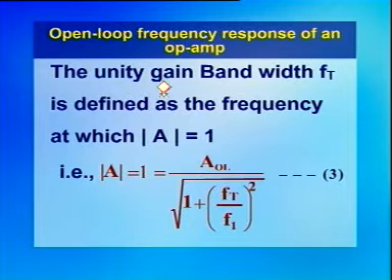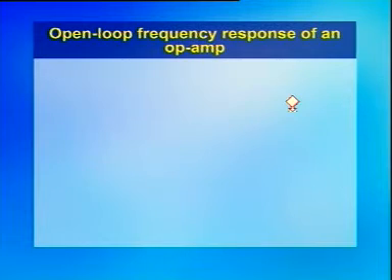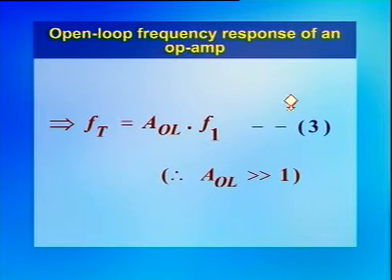The unity gain bandwidth ft is defined as the frequency at which mod A equal to 1. So, substituting mod A equal to 1 for f equal to ft, we get ft equal to AOL f1, and this is achieved by neglecting 1 because AOL is very much greater than 1.